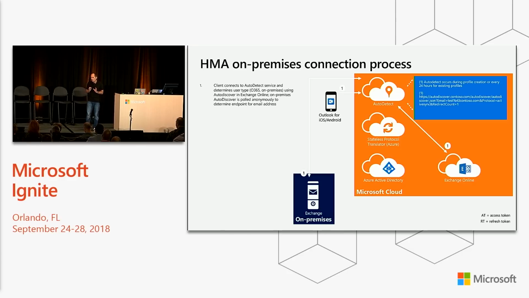Because of the hybrid relationship you have set up, Exchange Online knows that this mailbox resides on premises. So it will issue a 302 redirect to the on-premises AutoDiscover endpoint. AutoDetect will then establish a second unauthenticated request to the AutoDiscover endpoint on premises, passing two variables, the SMTP address and the protocol endpoint we want to learn more information about, which happens to be the ActiveSync protocol.